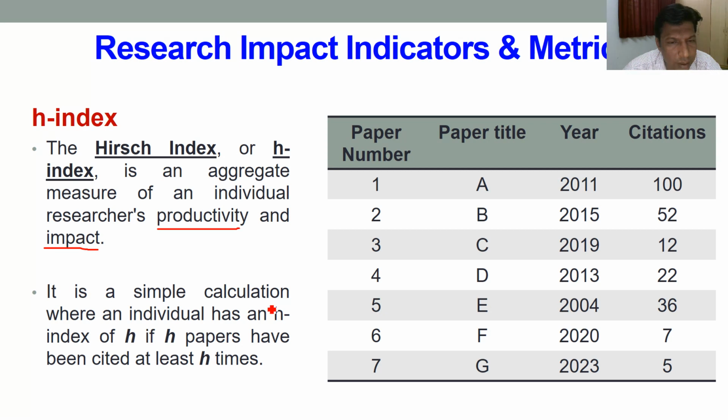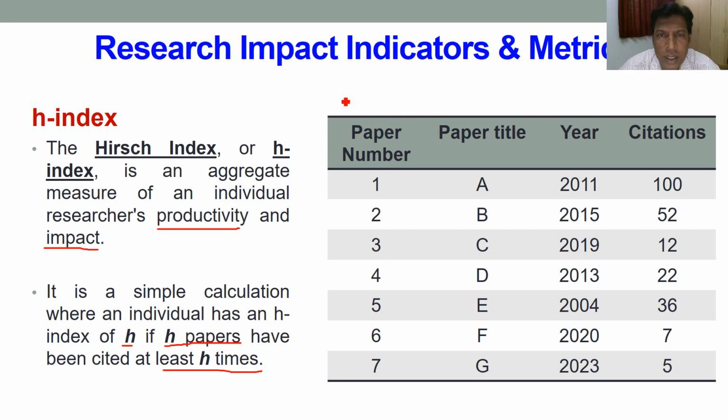In the H index, H represents that H number of papers of that researcher have been cited at least H times. Sometimes it is difficult to understand this definition in words, so here I will give you one simple example to understand how the H index is calculated.